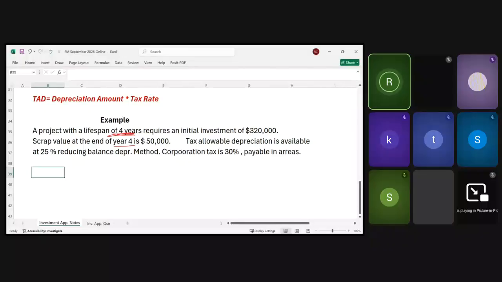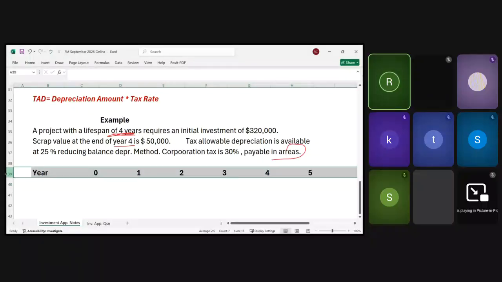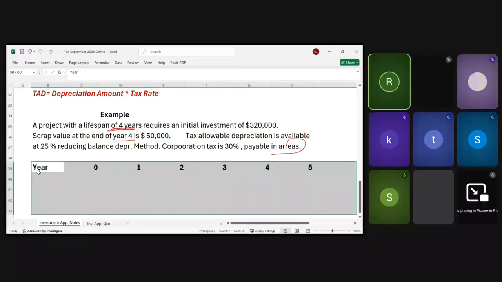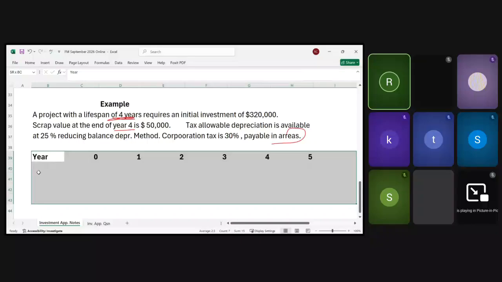But our tax is in arrears, so we are going to claim the final benefit in year 5. So it then probes us to have 5 years: 0, 1, 2, 3, 4, up to year number 5. Hopefully, guys, you are following so that we move together. I have my 5 years here.